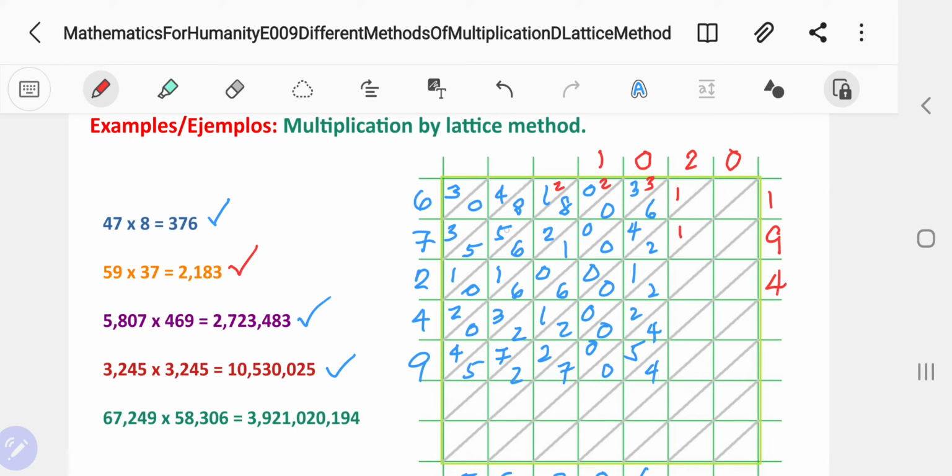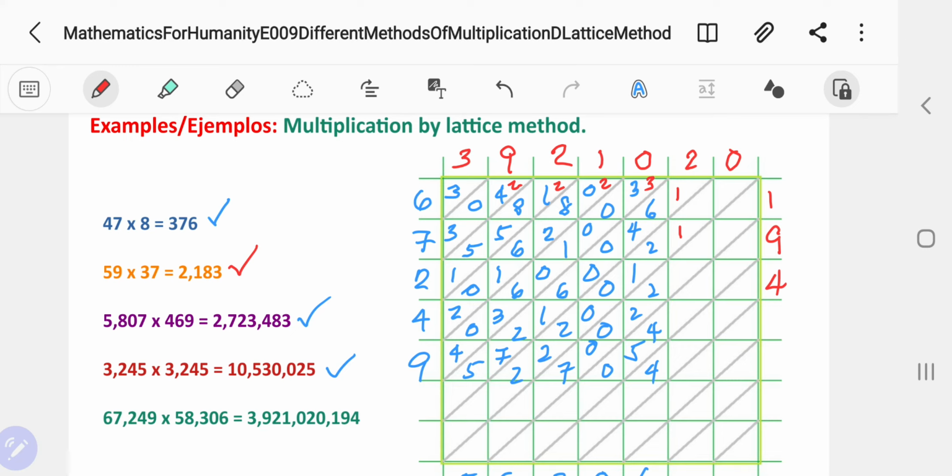So 1 plus 5 would be 11, plus 8 would be 19, plus 1 would be 20, plus 2 would be 22. So I write the 2 here and 2 here. 3 plus 0 would be 3, plus 4 would be 7, plus 2 would be 9. And then I have the last digit here, which is 3.